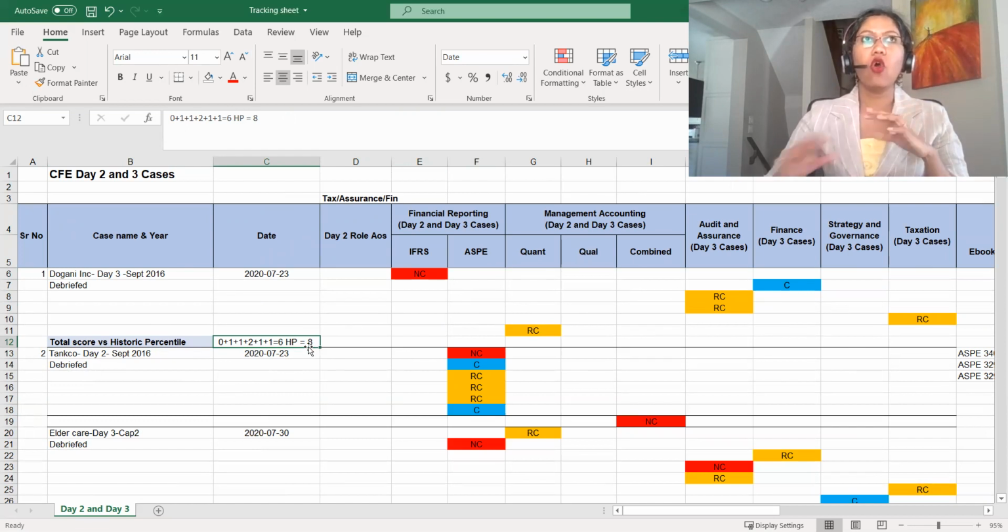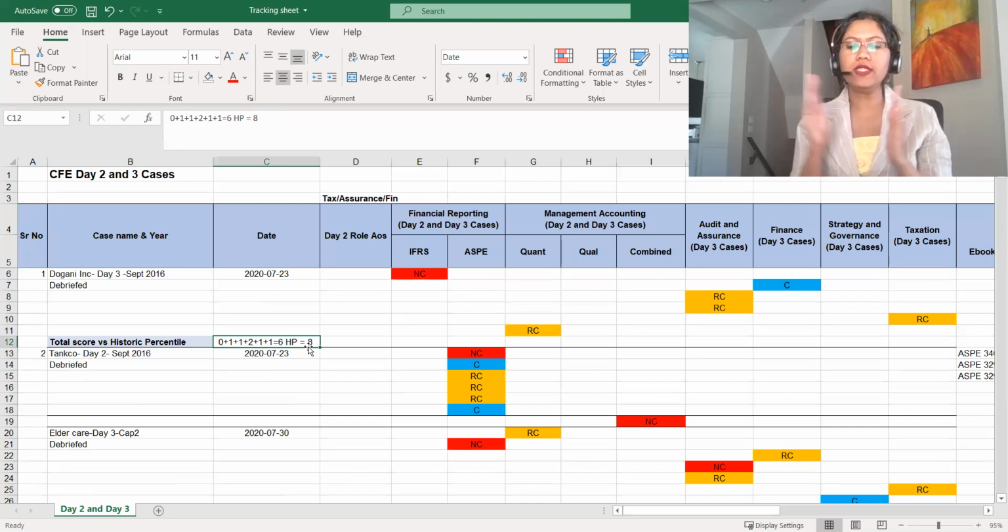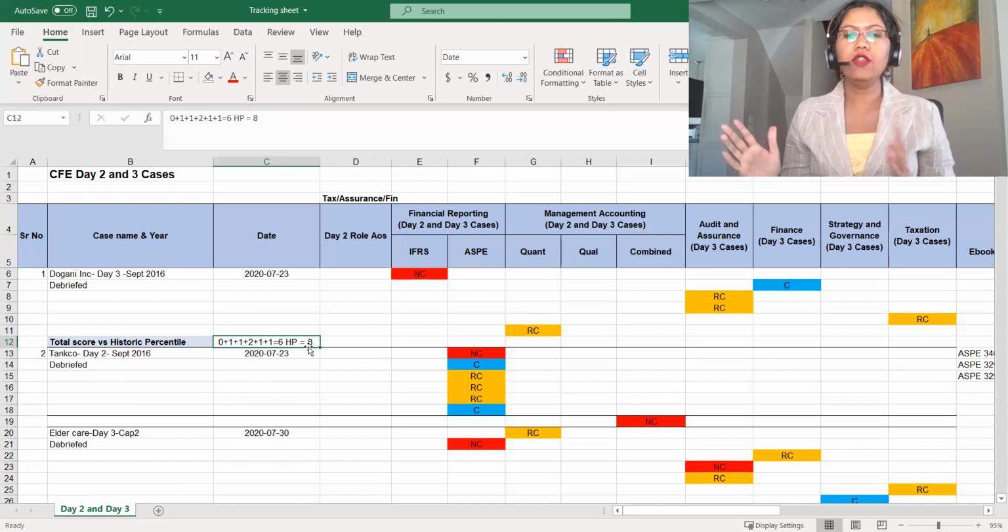That means on average, people scored 8. And you will see the ranges, where this 8 is in the 75% range. They give you a range of 25%, 50%, 75%, and then 100% score. And then you get a judgment of where you stand compared to everyone.